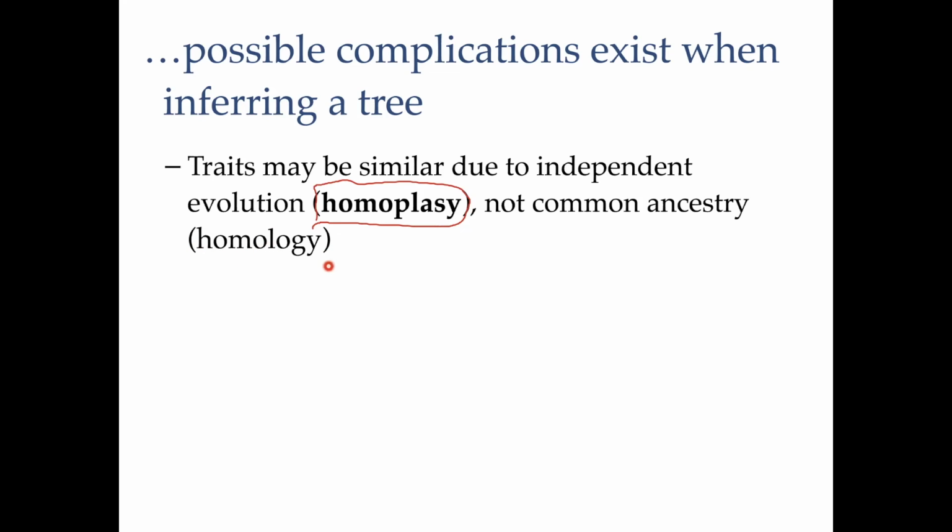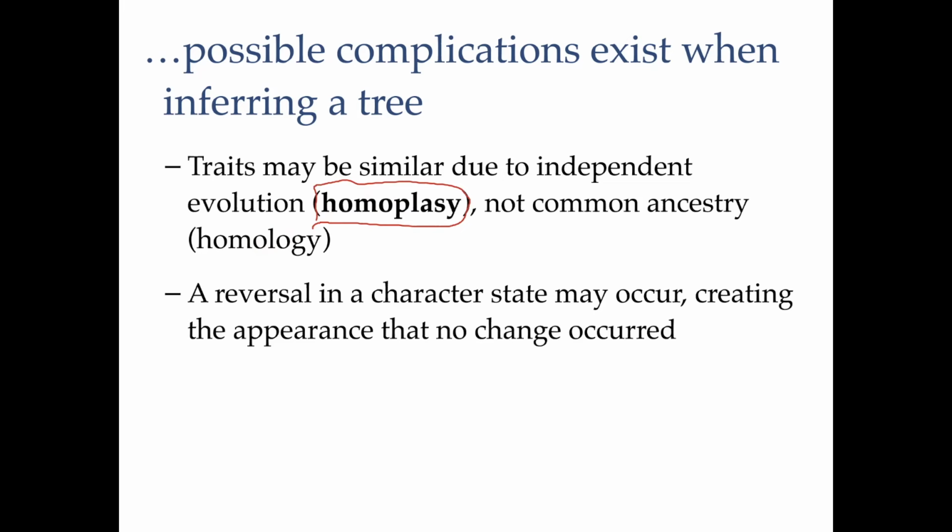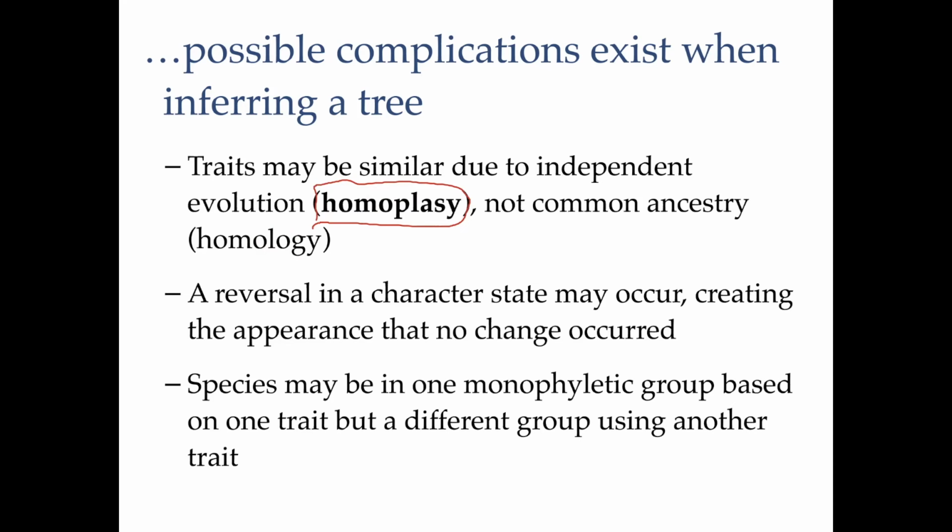Homo for same, logy for origin. So it has the same ancestor. Homoplasy means homo, the same, but plasy is for form. It has the same form, but it was not inherited from the common ancestor. It can be a reversal in a character state, and it can create the appearance that there was no change at all. So again, to account for losses in this case.